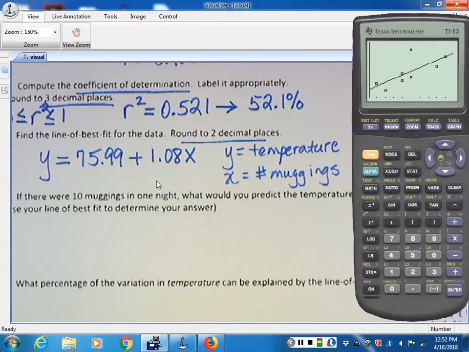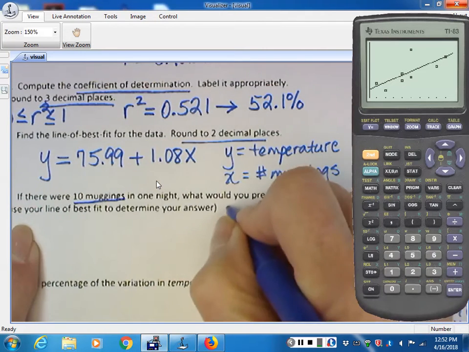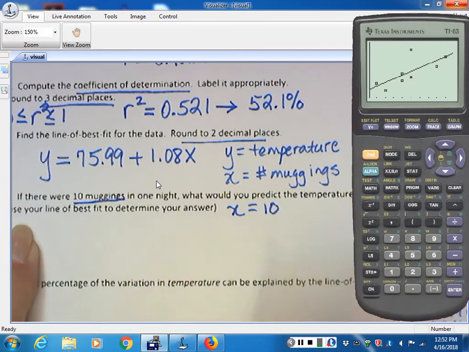So our next question says, if there were 10 muggings, what would you predict the temperature would be that night?